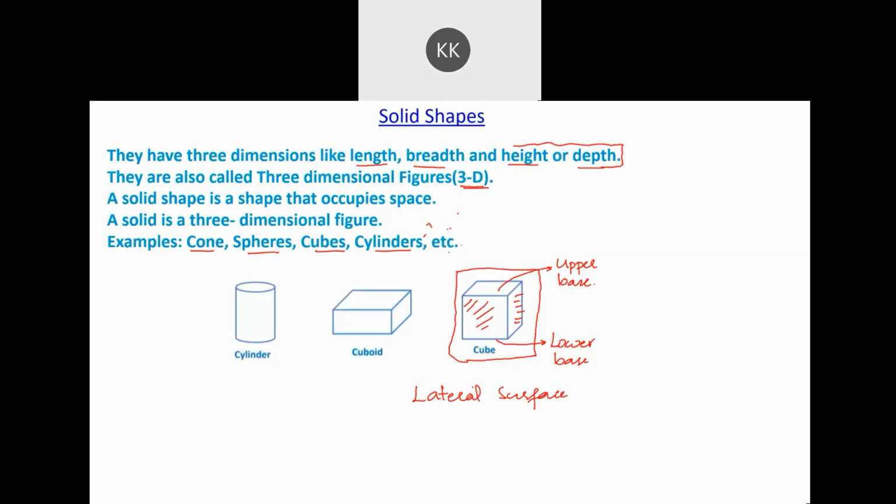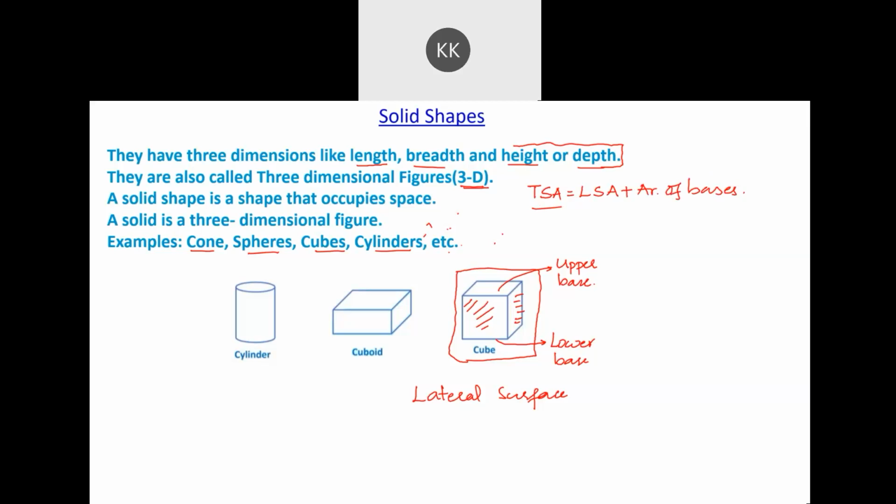So to find area of this particular solid figure cube, I require area of the lateral surfaces as well as area of these bases. So to find the total surface area, I require lateral surface area plus area of bases. This concept should be known to you.